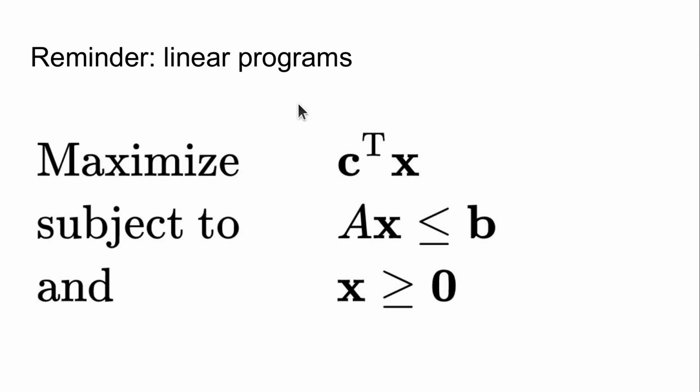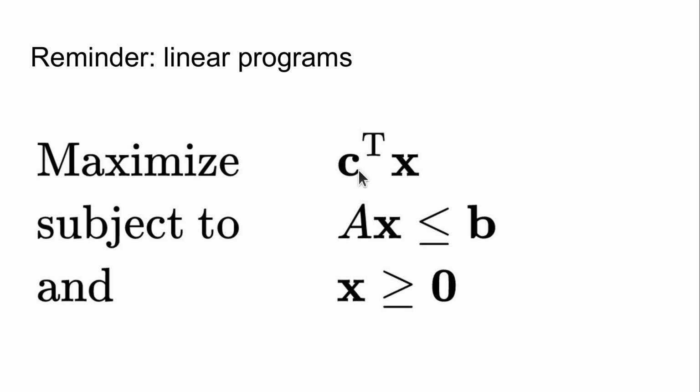So, as a reminder to start this off, this here is the formalism behind linear programs. First you'll have your variable vector. This is the state solution that you're trying to find, this x vector.